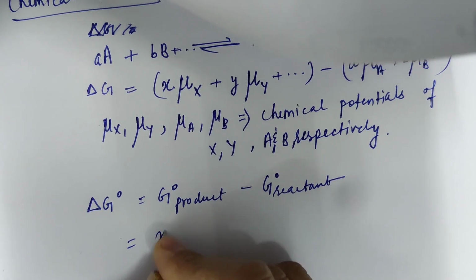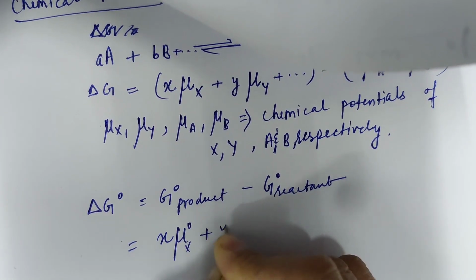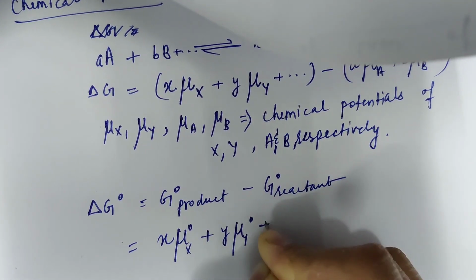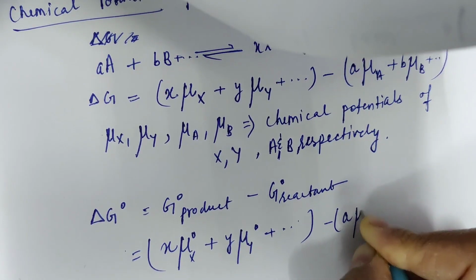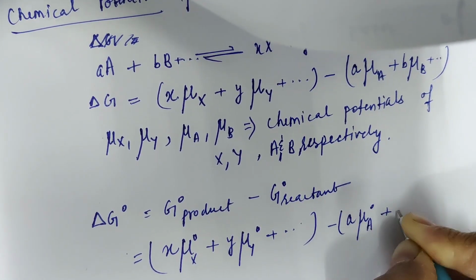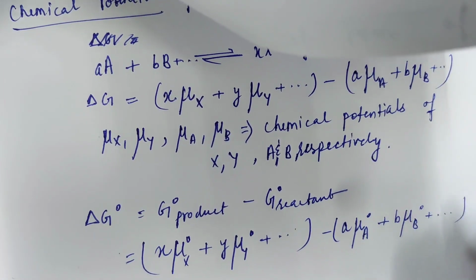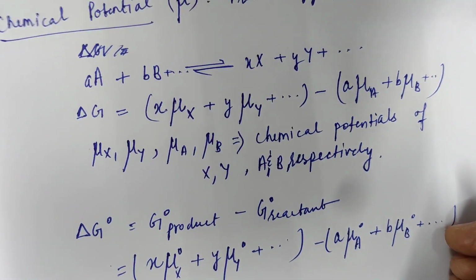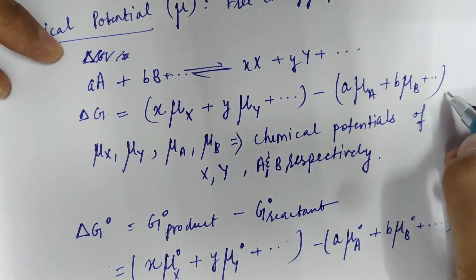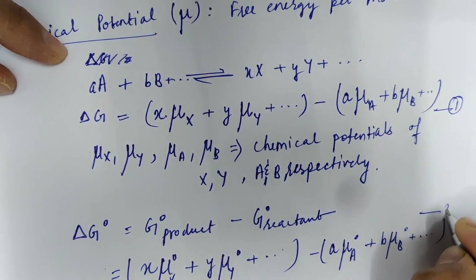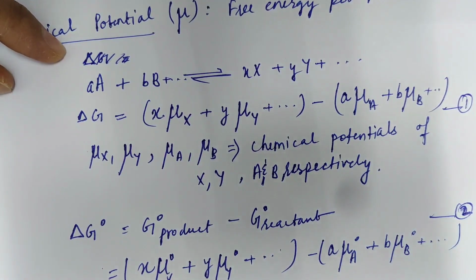Similarly, if we represent it in terms of chemical potential, we take the standard chemical potentials, and so on, minus that of the reactants, that is, chemical potential of A plus B, and so on. Alright, let's say this is our first equation and this is our second equation. We are going to use these equations further in our derivations.